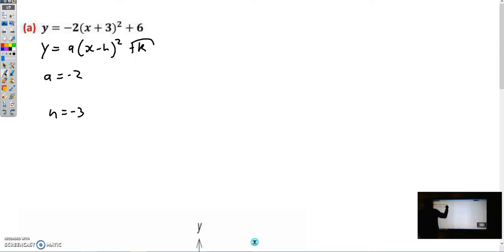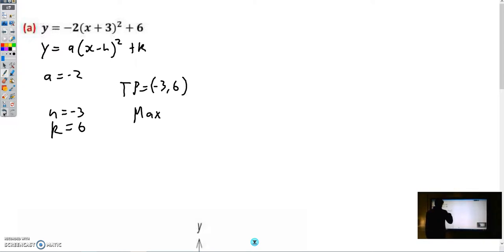Looking for my k value, I can see that positive k is equal to positive 6, so therefore k is equal to 6. From this information, h and k, I can find my turning point. So TP is equal to minus 3, 6, and it is a maximum as a is negative.